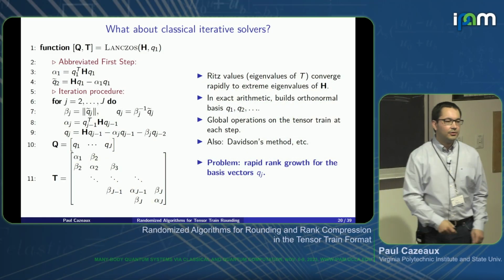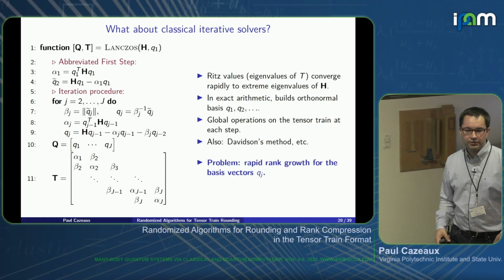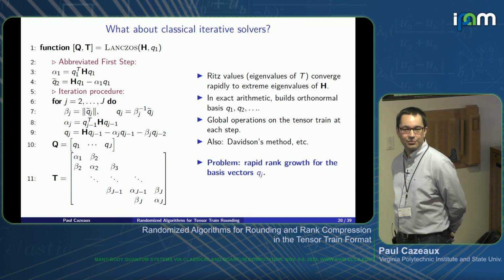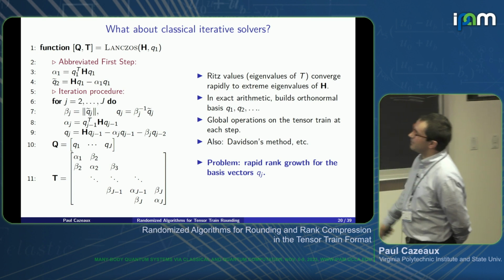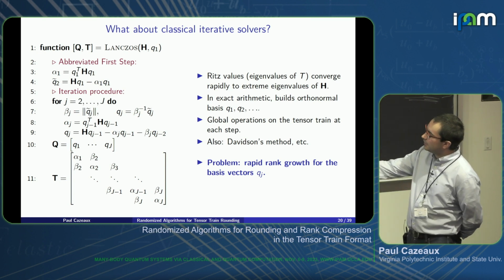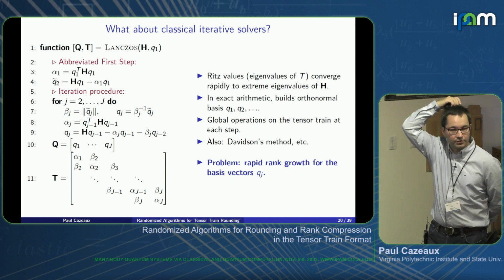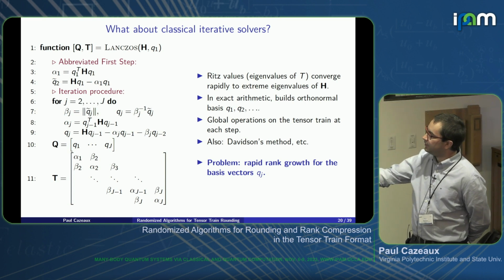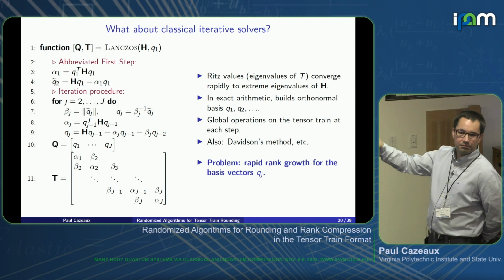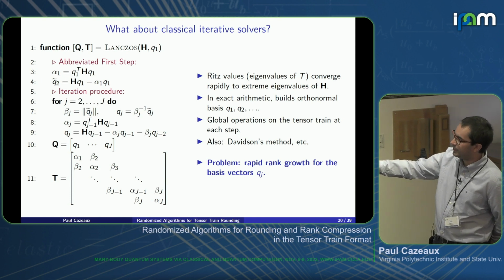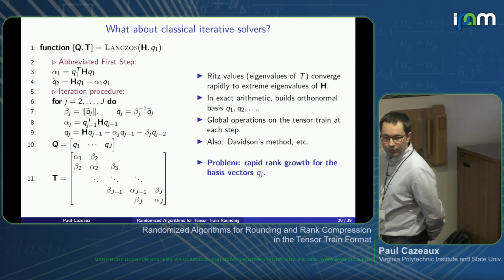So what about the classical techniques? Why are we not using just the algorithms we know and love that enable us to solve eigenvalue problems? For example, the Lanczos algorithm, right? Very classical. I just need to be able to apply the matrix, so I know how to do that. It looks like this, slightly maybe unfamiliar way of writing it. I compute a Rayleigh quotient first, and then I compute directly the orthogonal component of the vector.